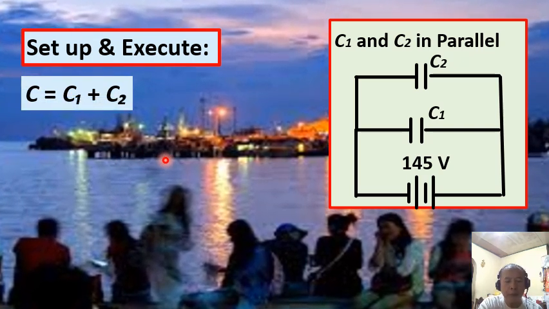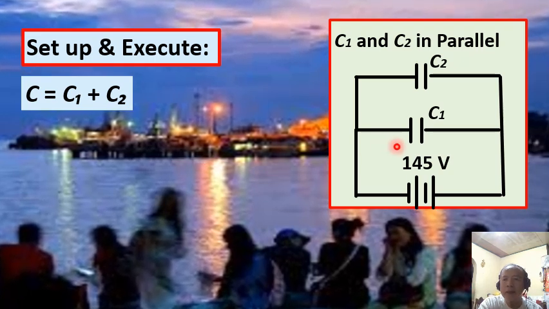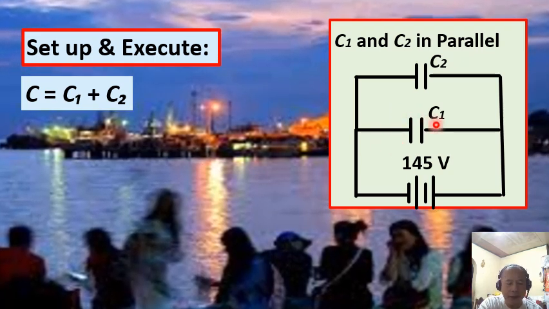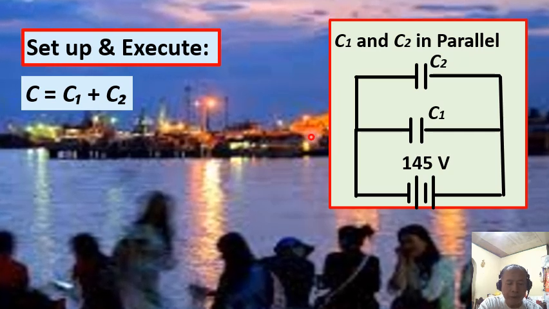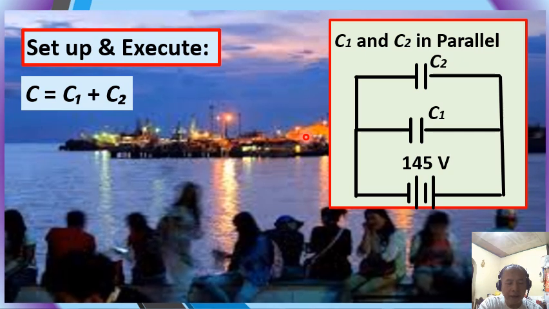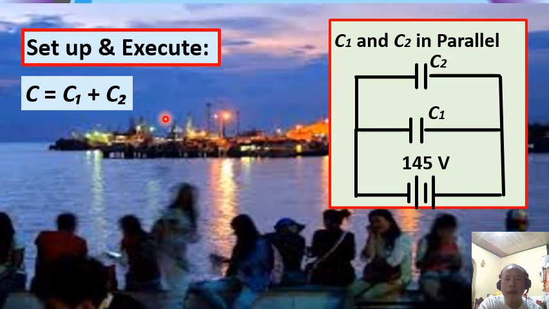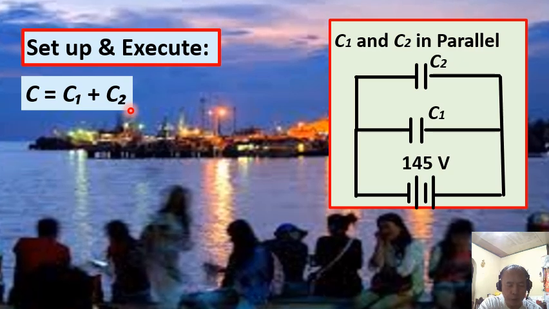Now the two capacitors are connected in parallel, just like what is shown in the diagram, where the equivalent capacitance, capital C, is just the sum of capacitance 1 and capacitance 2.